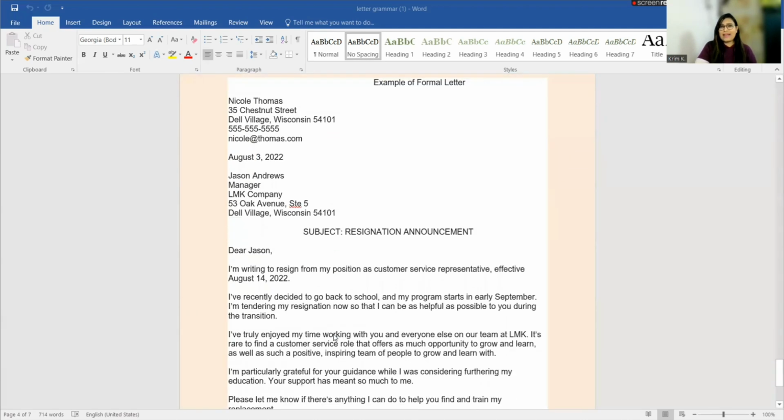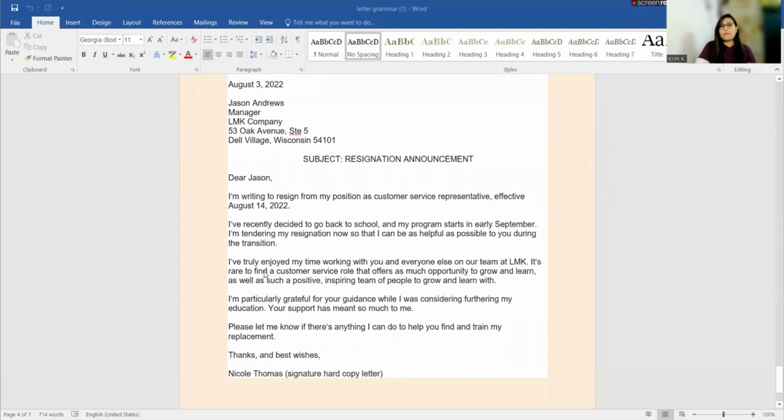In the second slide, I have made one example of a formal letter. So this is our address over here. This is the date, and this is the address where we have to send our letter. The subject should be there: resignation announcement. Dear Jason, I'm writing to resign from my position as a customer service representative, effective August 14, 2022.